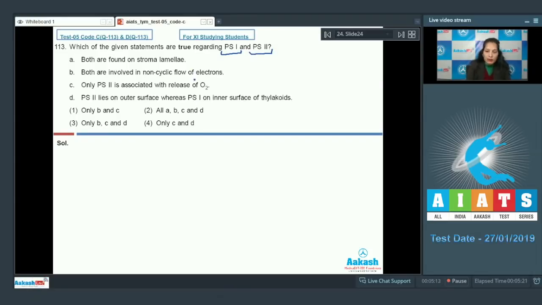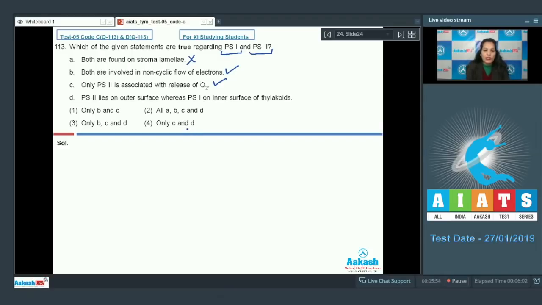A. Both PS1 and PS2, photosystem 1 and photosystem 2, are found on stroma lamellae. No, PS1 is only found on stroma lamellae. PS2 is also found on thylakoid membranes. B. Both are involved in non-cyclic flow of electrons. Yes, there is a non-cyclic flow of electrons which is called Z scheme in which both PS1 and PS2 are involved. C. Only PS2 is associated with the release of oxygen. Yes, because PS2 has the oxygen evolving complex, OEC.